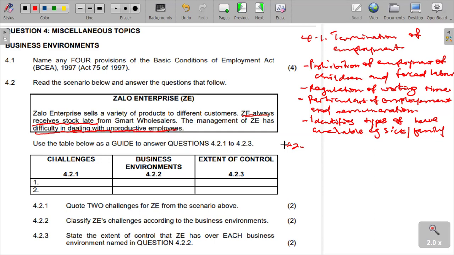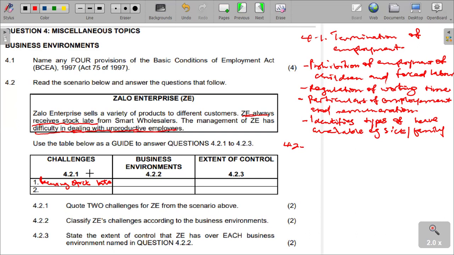Question 4.2.1 wants us to identify, quote, two challenges of ZE from the scenario. One, it always receives stocklet. Receiving stocklet is a challenge that is there in the scenario.